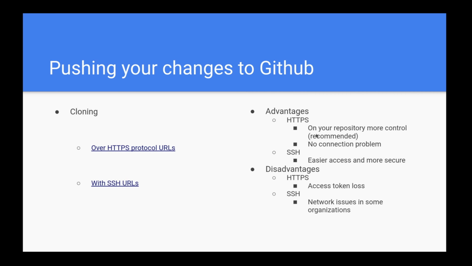In HTTPS you use a token, and when you lose the token, you have to recreate the complete thing. Whereas in SSH, if you're working in an organization where the project repository website is blocked, then you'll not be able to access it with SSH. So here you might want to use HTTPS. HTTPS can be accessed anywhere, and most likely in all development environments GitHub is not blocked, so you can use it.